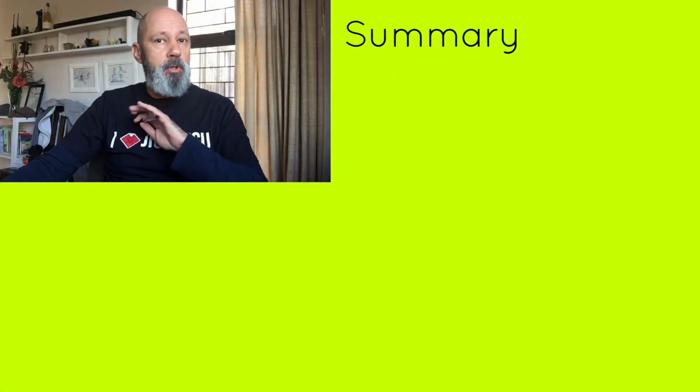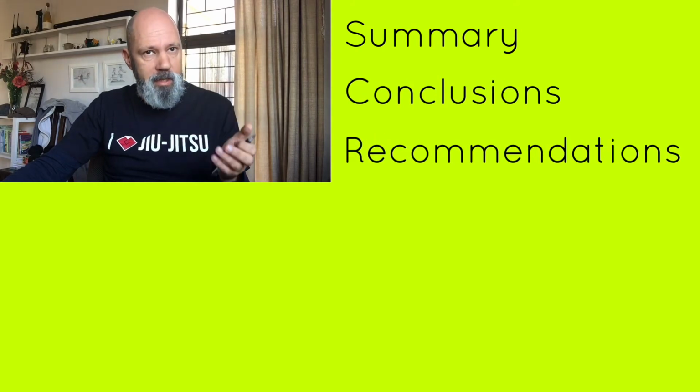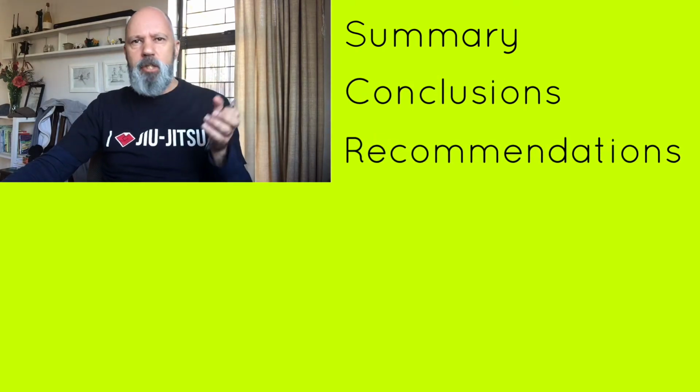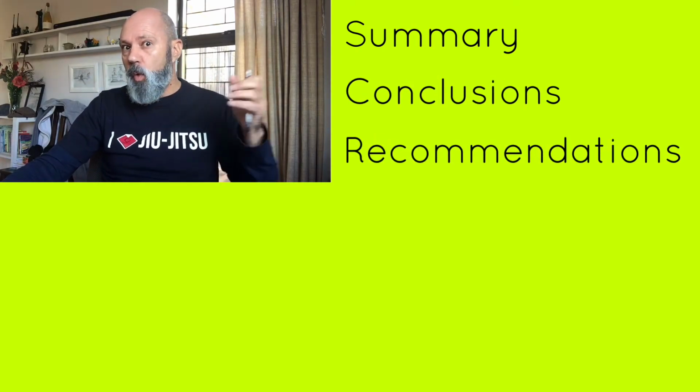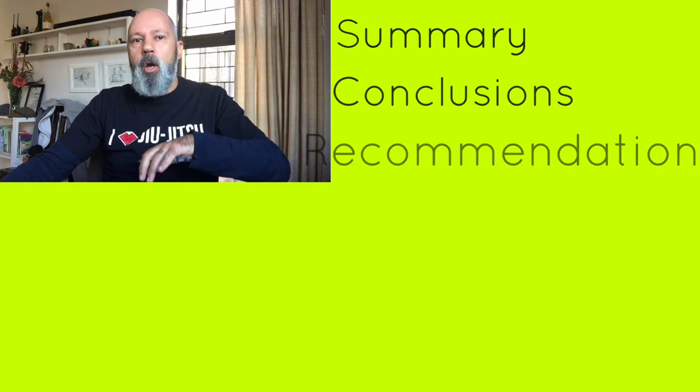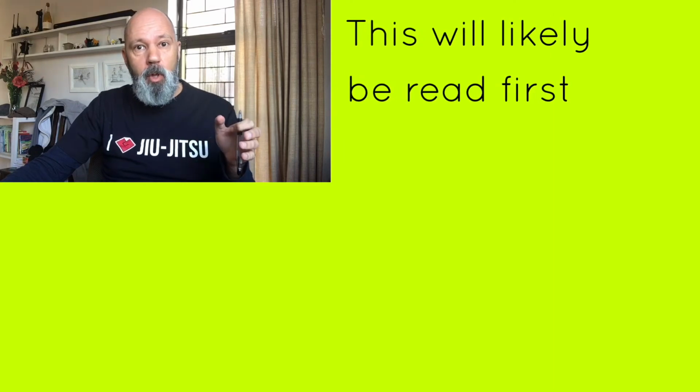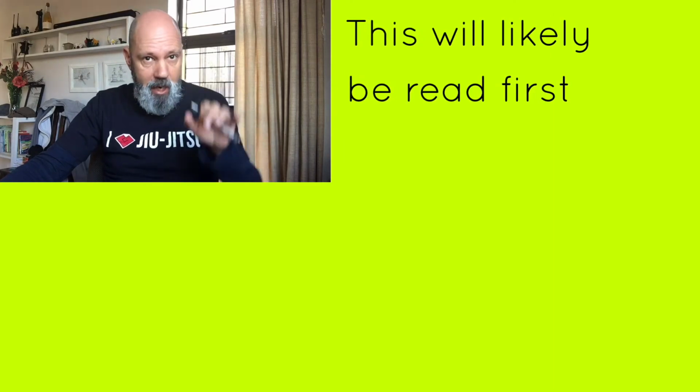The final chapter, chapter 5, sets out your summary, your conclusions, and your recommendations. This is a section that essentially asks the questions, so what happened here and what happens now? This is a section that the majority of people are going to read in depth when they scan through your paper.